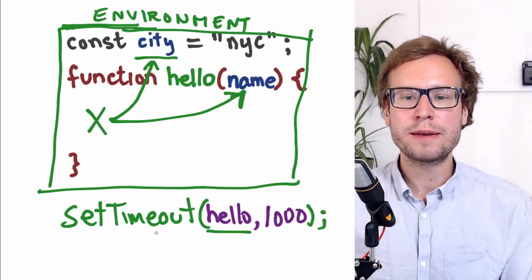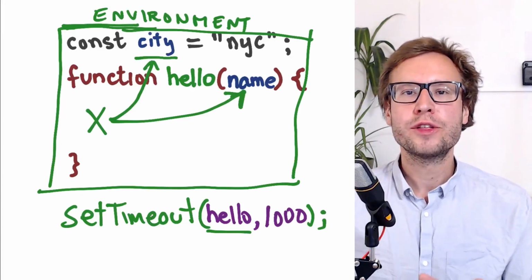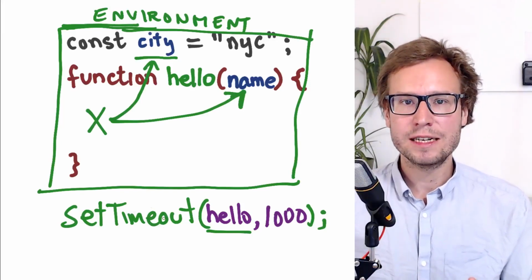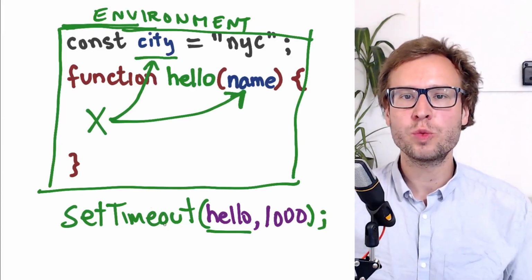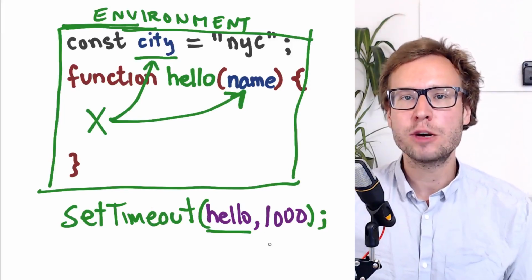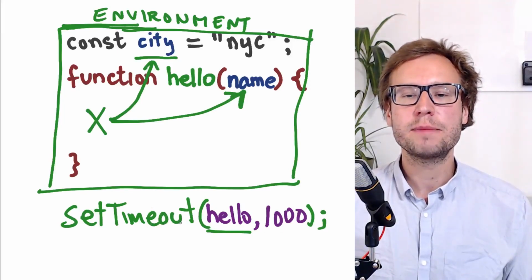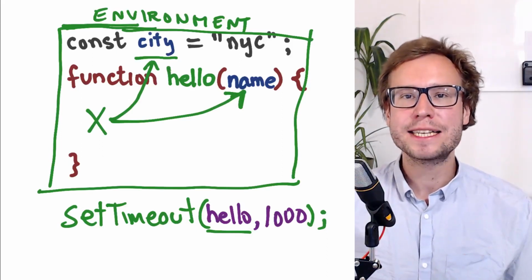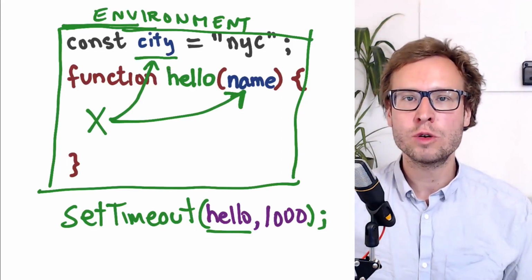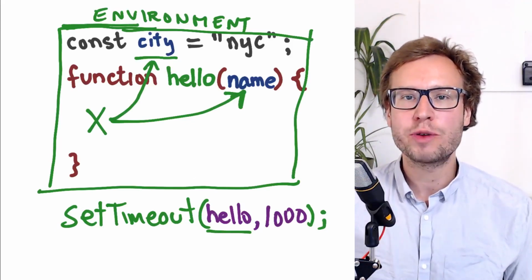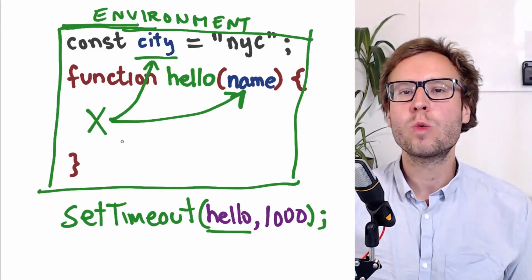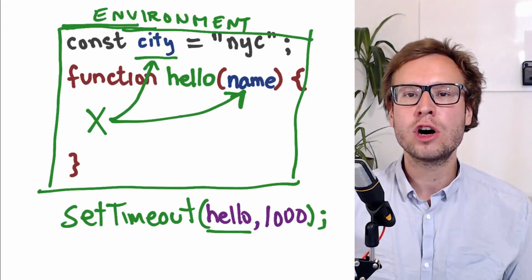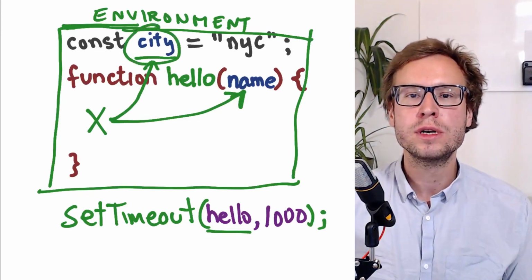The reason I'm doing this is I want to illustrate the closure here. We're actually passing this function with its environment into setTimeout. In other words, it packs its environment as its own baggage, and it travels around with it. That means no matter where function hello is called, it's going to have access to city.